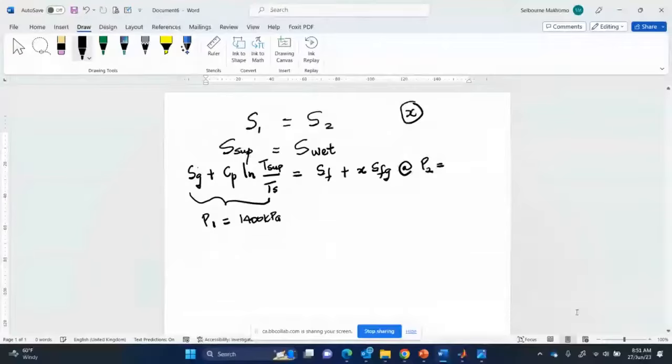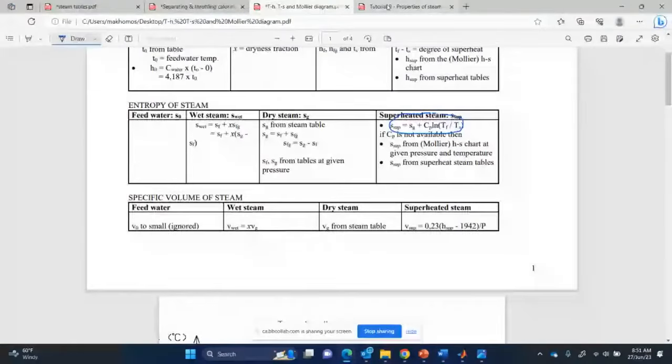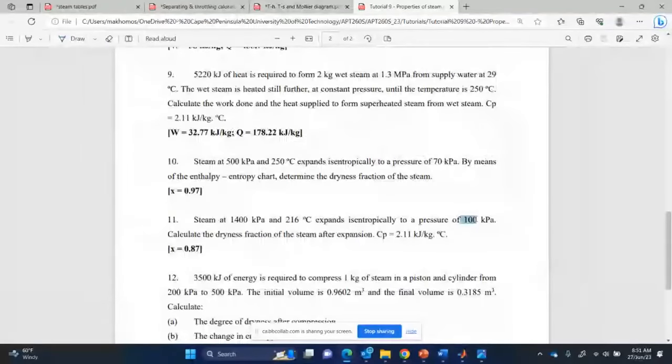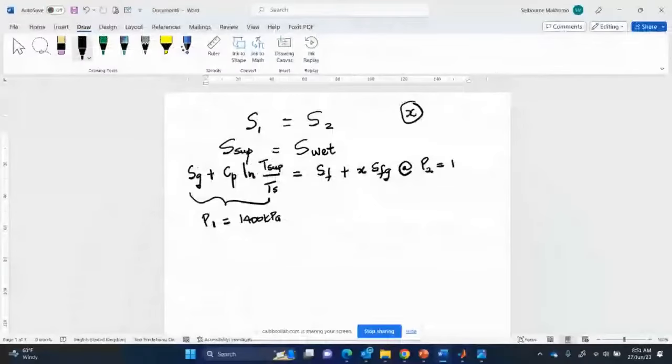And in this case our P2 is 100 kPa. So what we can do now is go to the steam tables. We get Sg and Ts at 1400, and then we go to the steam tables again and get Sf and Sfg at 100 kPa. So we have everything.